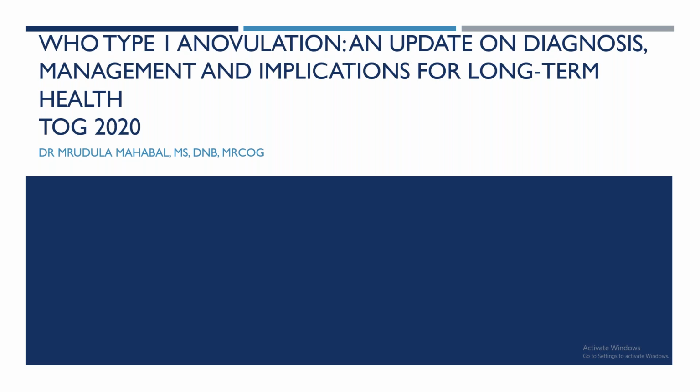There are three types of this hypogonadism. It is going to discuss the causes and what the management differences are in these three different types of type 1 anovulation.